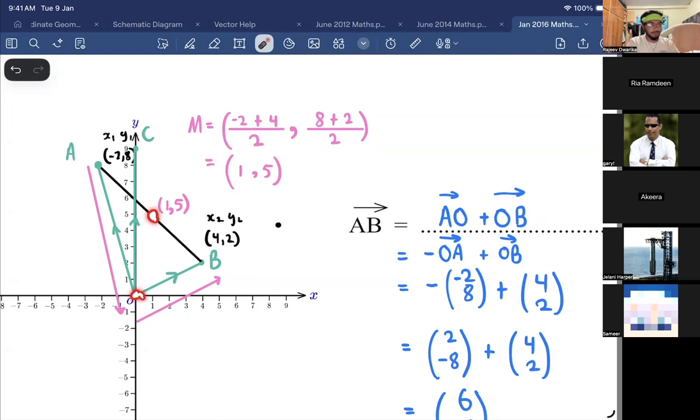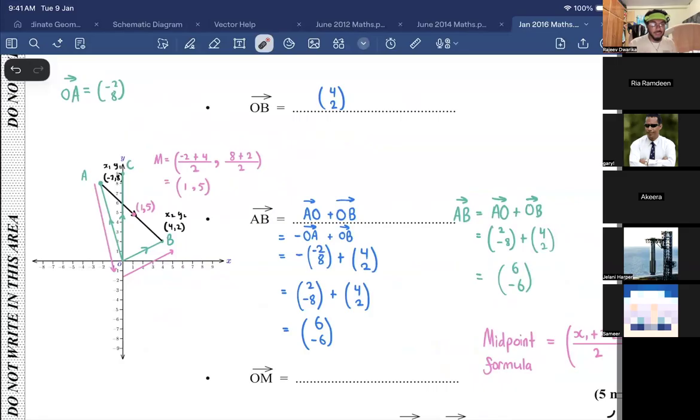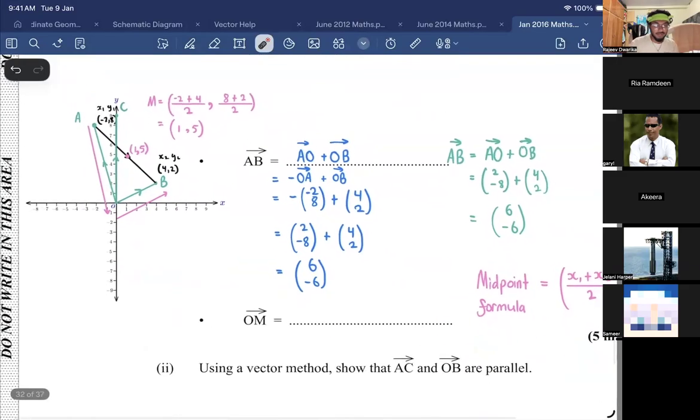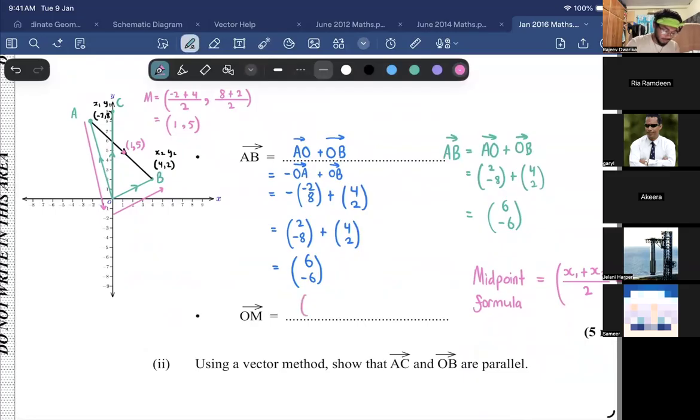So I move 1 to the right, because it's a positive number. And then you move 5 upwards. Right. So if that's the case, then O to M is simply 1, 5. That's it, real simple.